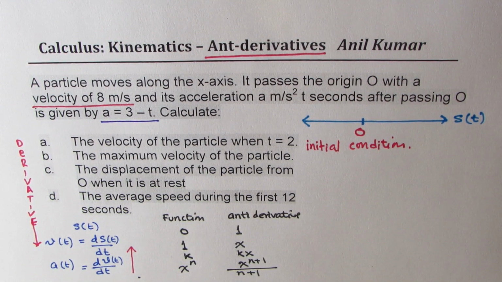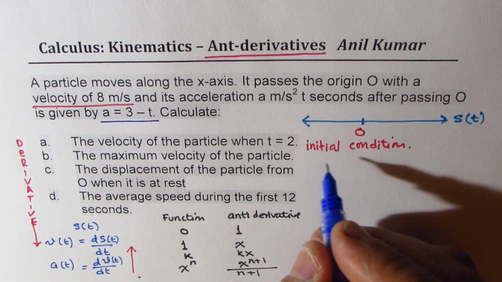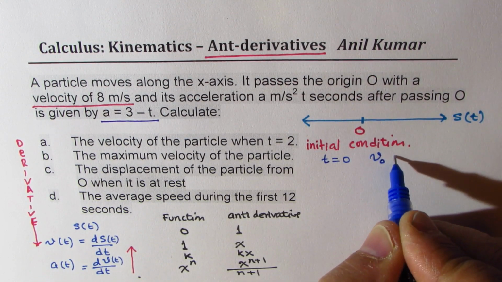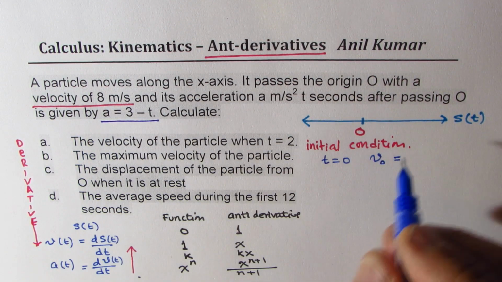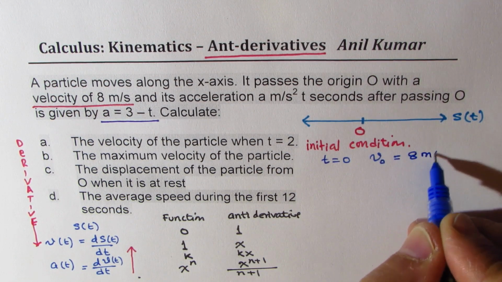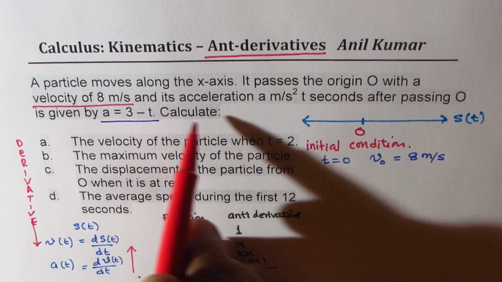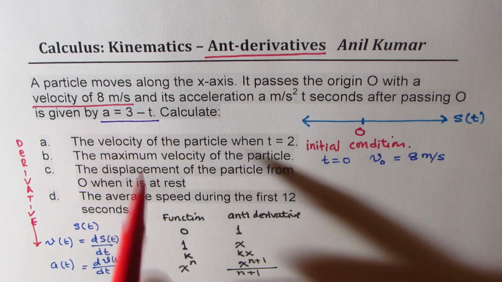So at O, we'll say time starts now. So t equals 0, the initial velocity, or velocity at t equals 0, is 8 meters per second. Correct. So that is given to us. And then acceleration is 3 minus t.